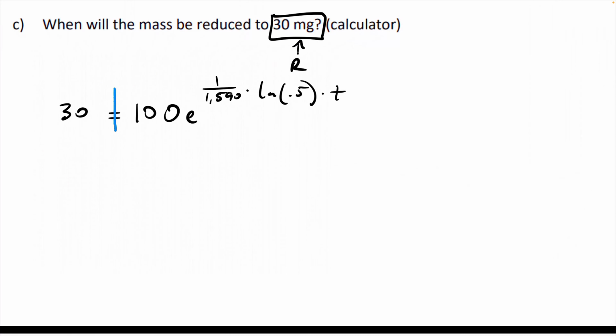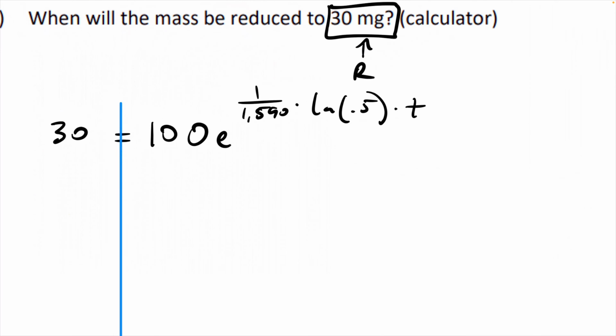This time we got to solve for t instead of r. What do we do first to solve for t? Divide by 100. 30 divided by 100 is 0.3.